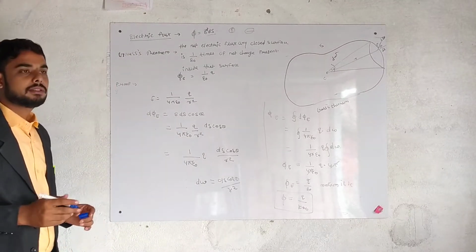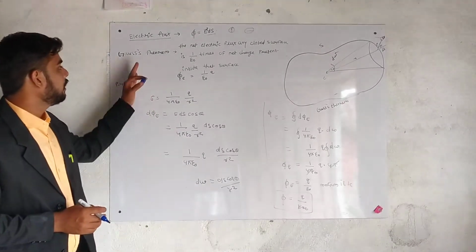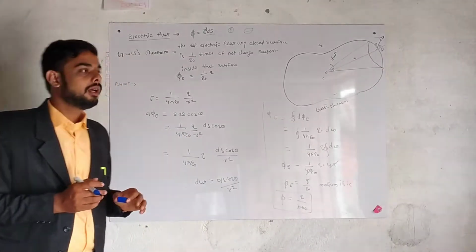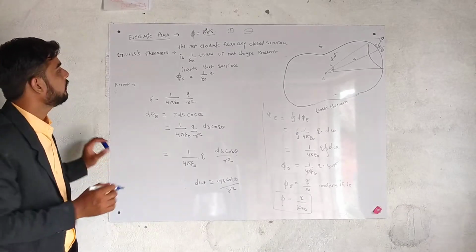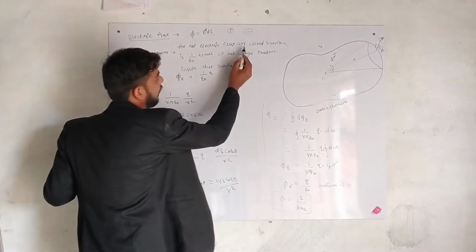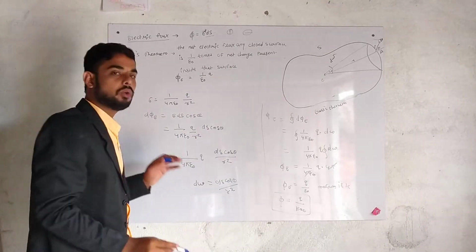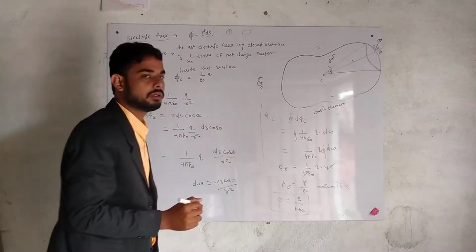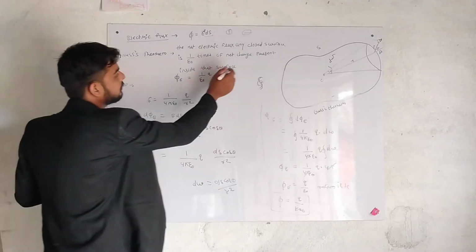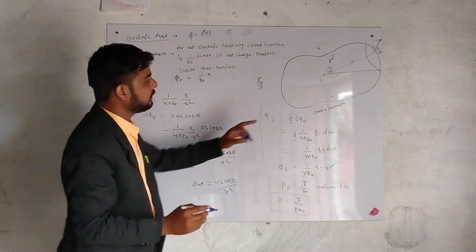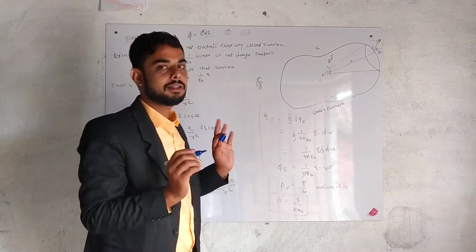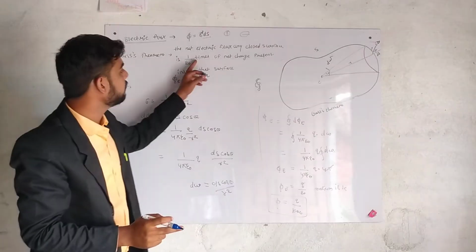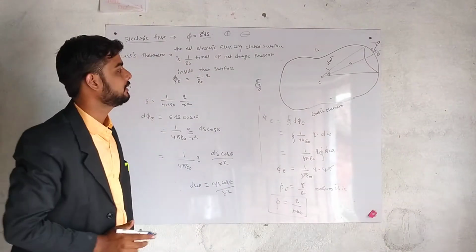Now we are going to discuss Gauss theorem. Carl Friedrich Gauss stated that the net electric flux of any closed surface, closed meaning like this, as we have studied in earlier classes, is 1 upon epsilon naught times the net charge present inside it.